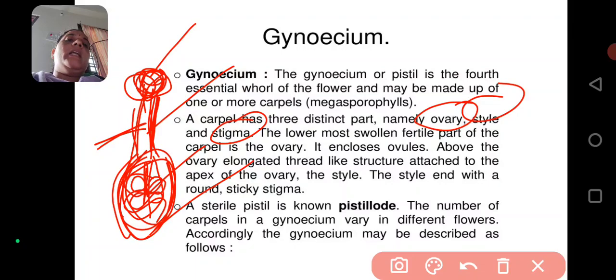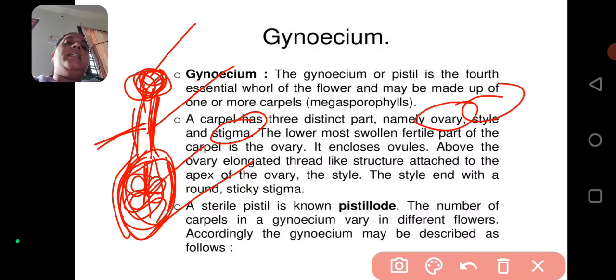A sterile pistil is known as pistillode. Some pistils are sterile, which means they do not participate in sexual reproduction. The number of carpels in a gynoecium varies in different flowers.